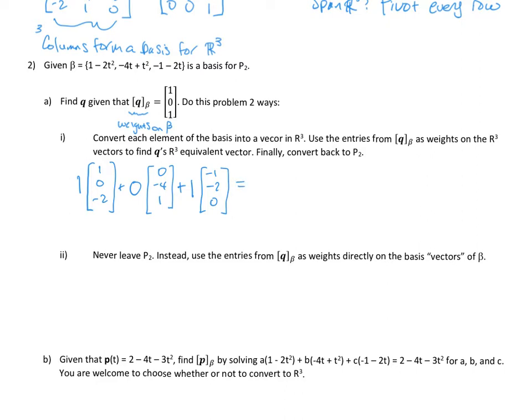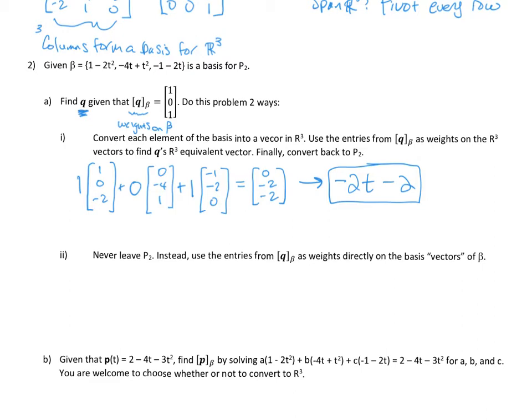So I have 1 plus negative 1 is 0, negative 2, negative 2. And finally, convert back to P2. So this, when I convert to P2, would be 0t squared minus 2t minus 2. So that is the Q. We found Q given that its coordinate vector was 1, 0, 1.